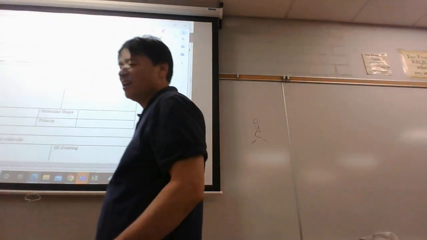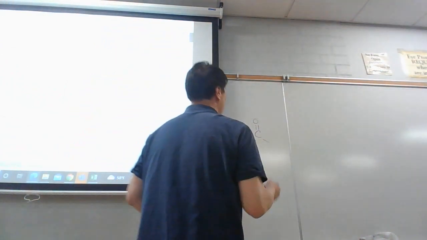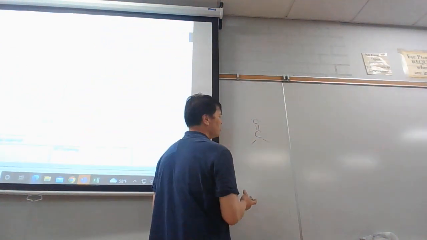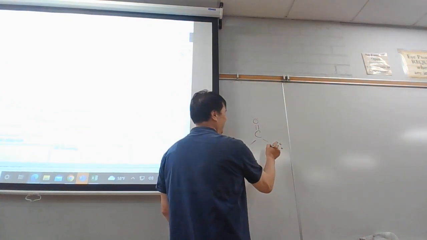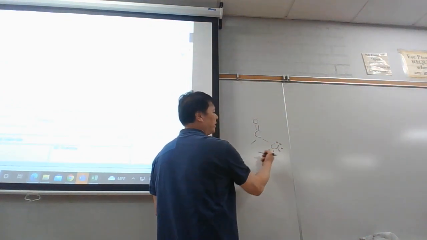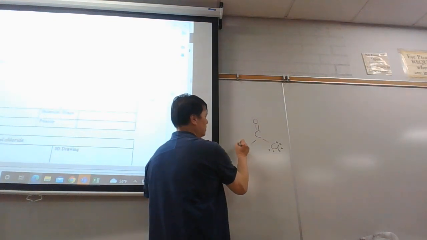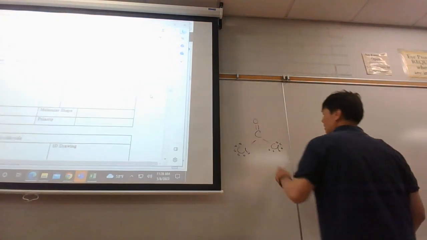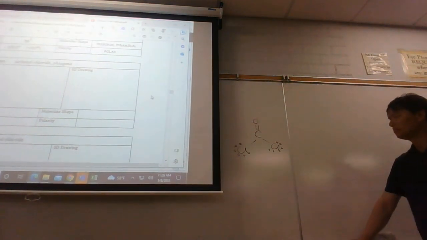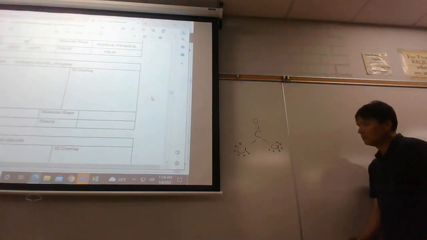So if we look at carbonyl chloride, we can do the Lewis structure for this. There are different ways we can do the Lewis structure. One is we can save a lot of time and just, we know that chlorine has 7 valence electrons. And so this would be it here, carbonyl chloride. What's the shape of this molecule?